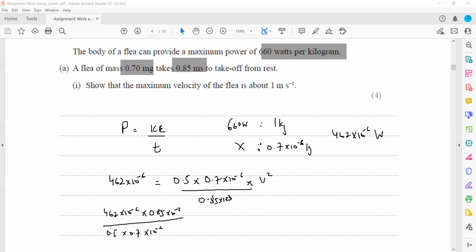And that is the value for v square. So to get v, we take the square root, and the final answer will be 1.06 meter per second. That's the speed at which this flea will move, the maximum velocity. Is it clear, this question, how we work out the maximum velocity using the power? And the energy is a kinetic energy, which is half mv square.